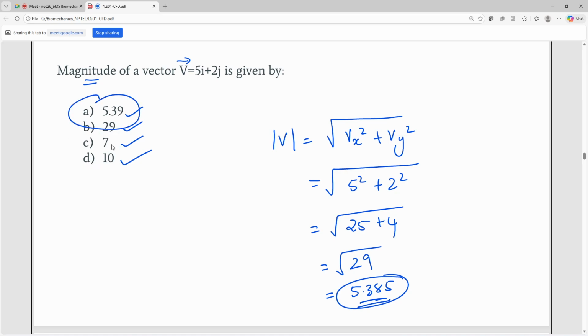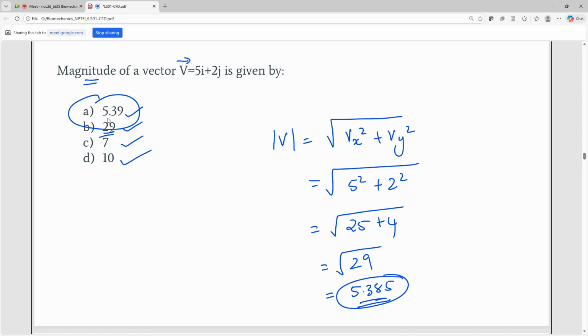But here again the catch is option B is 29. Sometimes if you are in a hurry, you may be doing it in your mind without using pen and paper or calculator, and you don't recollect that you have to take a square root, and you'll just try to answer it. Even if you are doing it in mind, you can approximate the square root of 29.